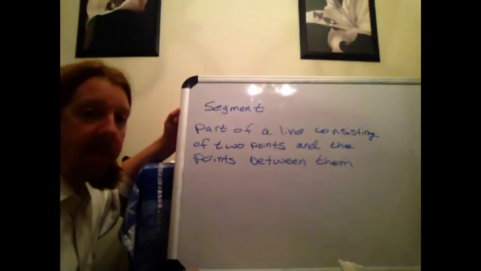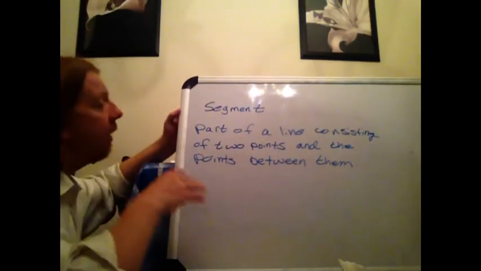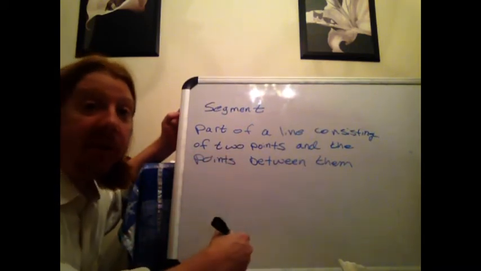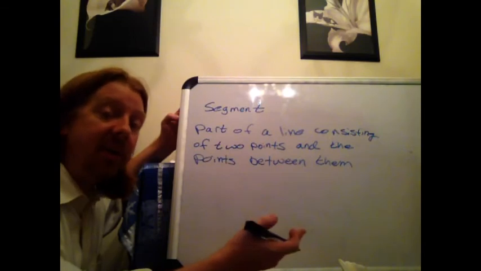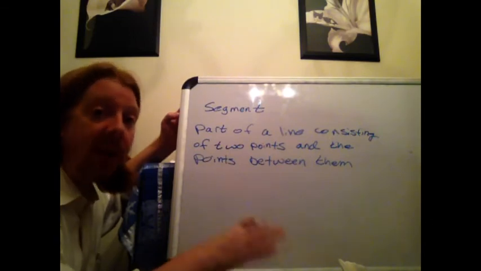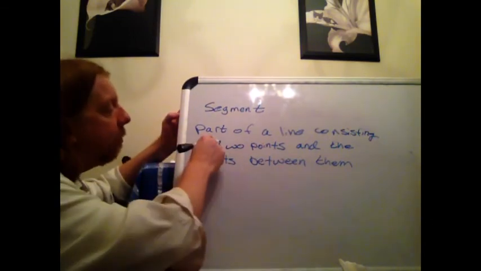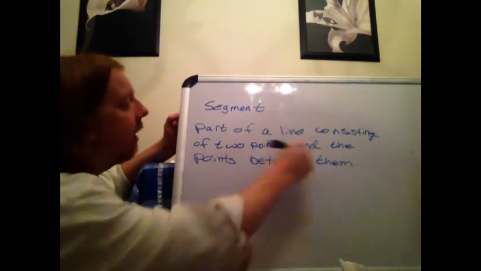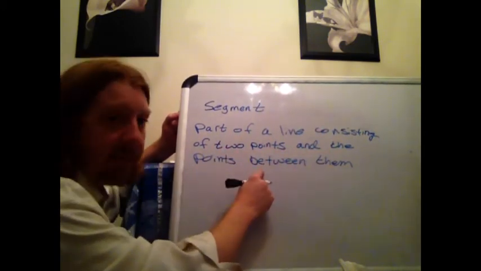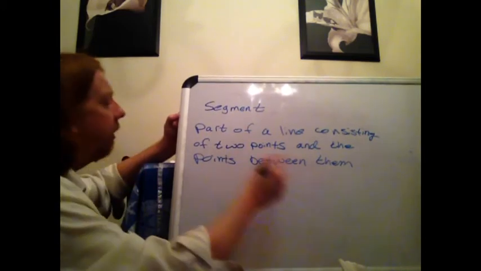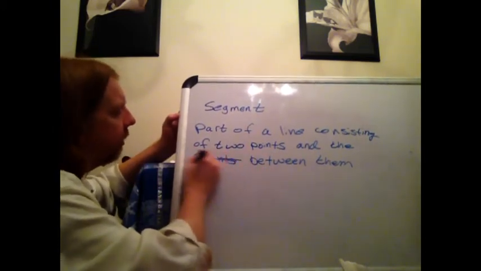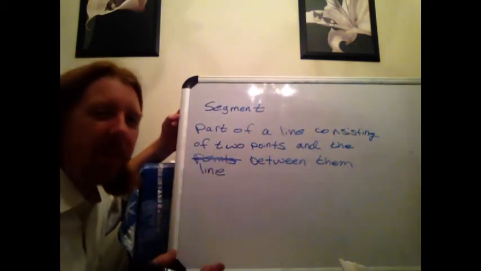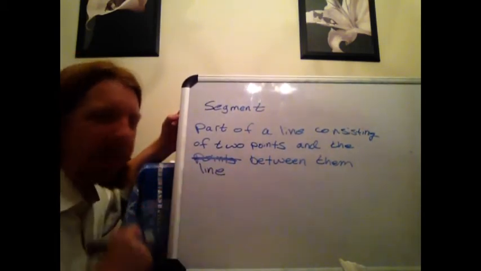A segment will be our next object. Now notice in this I reference point and line as part of the definition. I'm building my definitions off previous defined terms. A segment is part of a line consisting of 2 points and the points between them. So actually, we'll change that to line between them. It really depends on which textbook you work out of, what word they use.